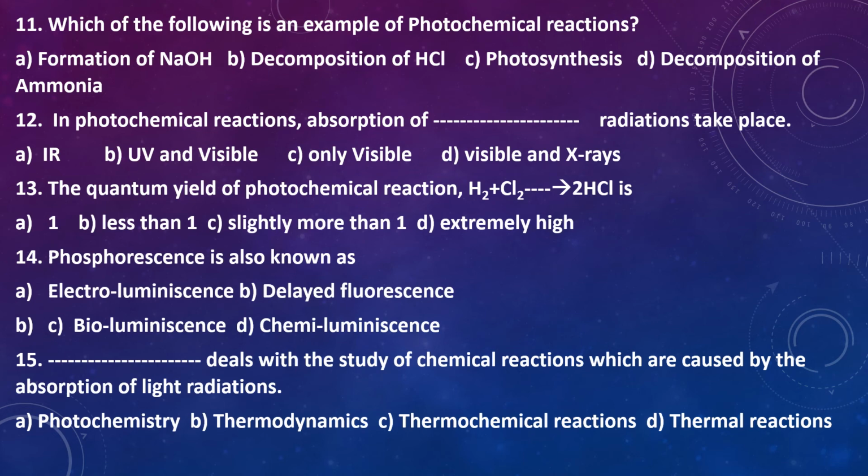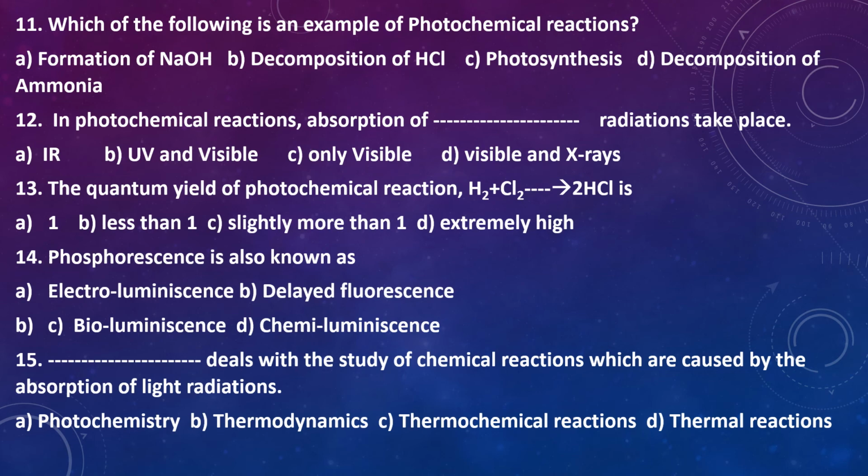Next, question number 13. The quantum yield of photochemical reaction H2 plus Cl2 gives 2 HCl is, options: A. 1, B. Less than 1, C. Slightly more than 1, D. Extremely high. What is the right answer?